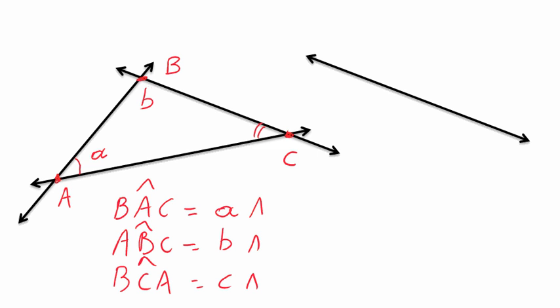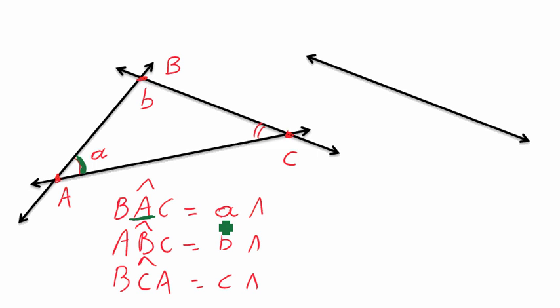I want you to remember and pay attention to this little detail, that when I name my angle, I have my angle always in the middle. So when I say BAC or CAB, I'm referring to this A angle.